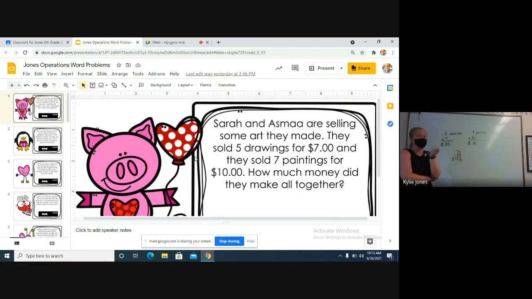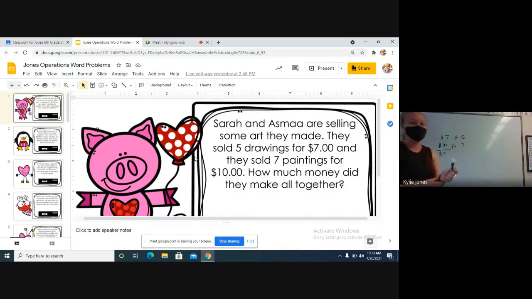They did not make much money off of these drawings. I think Mr. Turner is correct, and that we just have $17 on this. I think I just read it wrong. So $7 for 5 drawings plus the $10 for 7 paintings. How much money did they make? $17. That's sad. Not very much money for that.